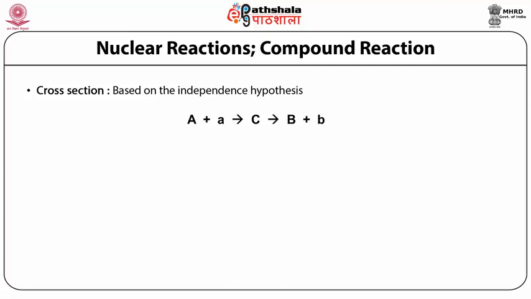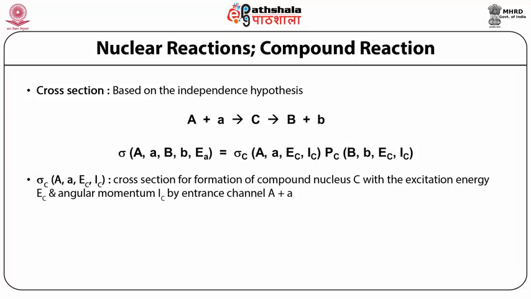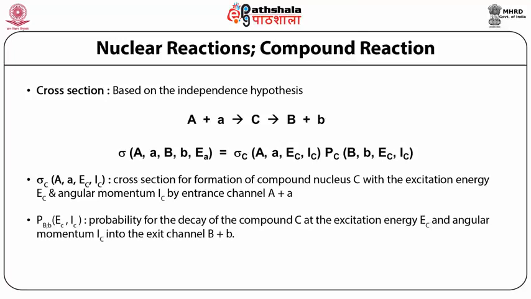So for this reaction, sigma is equal to sigma C into PC, where sigma C is the cross section for formation of the compound nucleus C with excitation energy EC and angular momentum LC by the entrance channel A plus a. What is PC? PC is the probability for the decay of the compound nucleus C at the excitation energy EC and angular momentum LC into the exit channel.